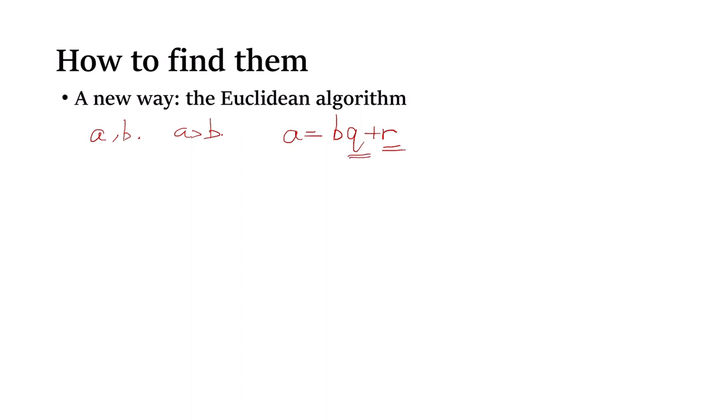So as long as A is greater than B, Q is greater than 0. So Q is actually a positive integer, but R can equal 0.